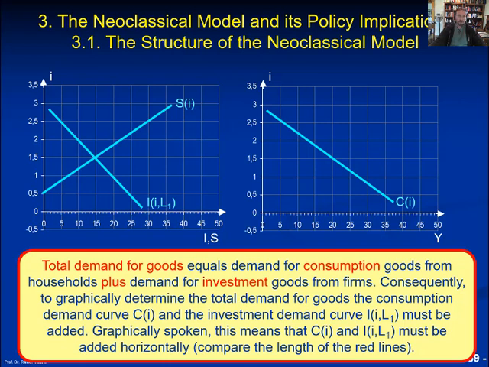To do so, let's simply start with an arbitrarily chosen interest rate level of, say, 1%. Now we can measure the total investment credit demand at this interest rate on the capital market.